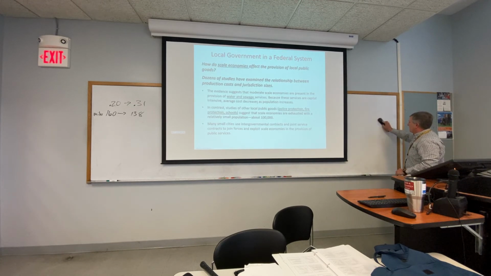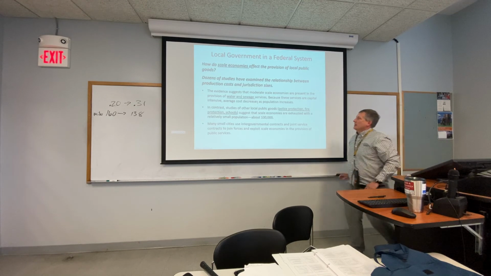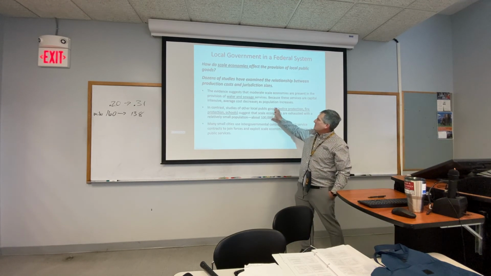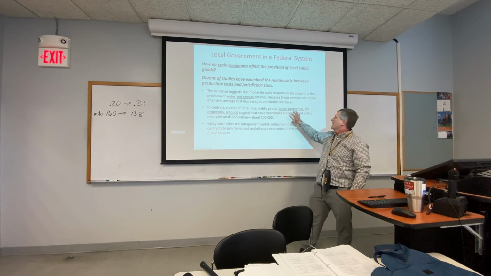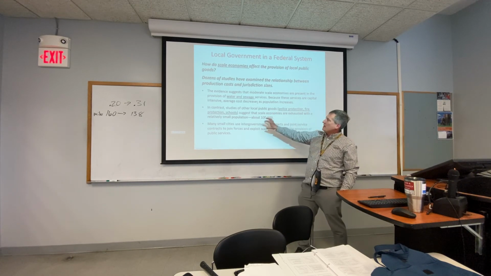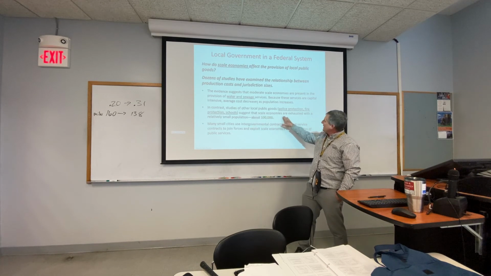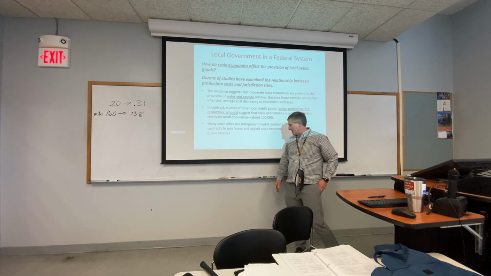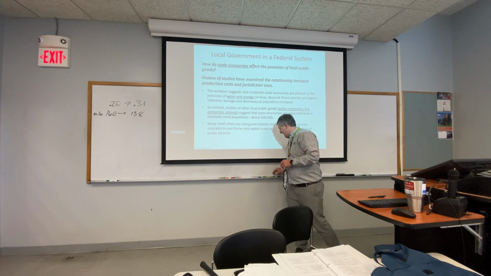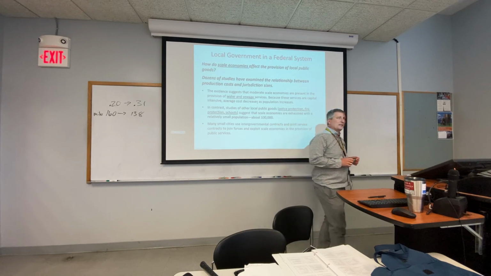So, somebody want to put into words what's going on with this one? I think it's kind of interesting. So they looked at the studies, they said local public goods, police, fire, schools, say that scale economies are kind of exhausted when we get up to 100,000. How would you interpret that?